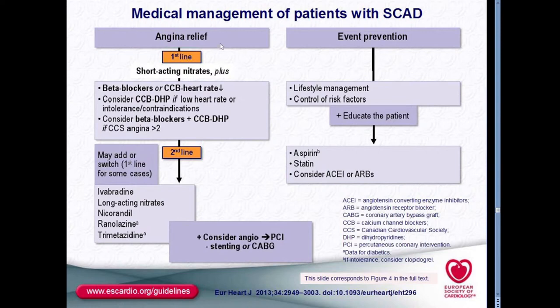To relieve angina attacks, first line, short-acting nitrates plus beta blockers or calcium channel blockers to decrease heart rate and so decrease the consumption of oxygen. And consider dihydropyridine calcium channel blockers if low heart rate or intolerance or contraindications to beta blockers.